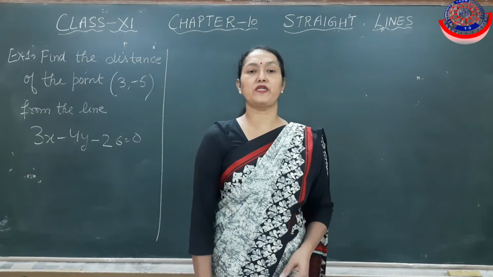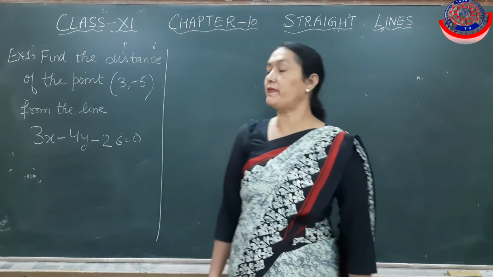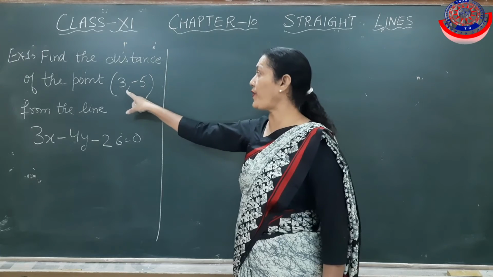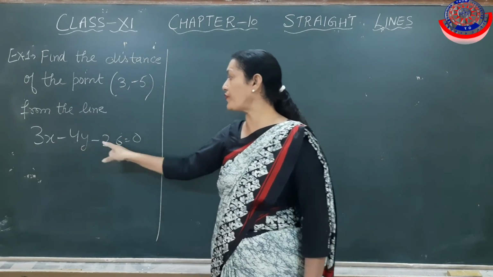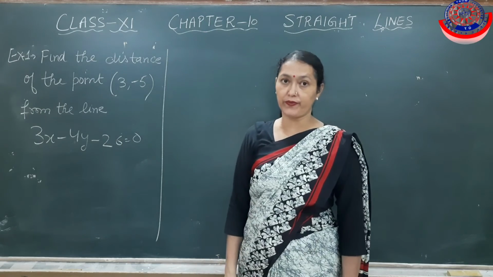Let's do some examples based on these concepts. First example, they are saying find the distance of the point 3 and minus 5 from the line 3x minus 4y minus 26 equals 0.